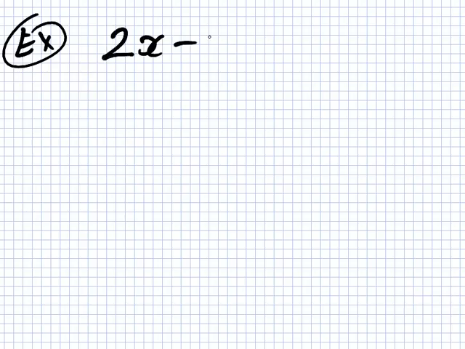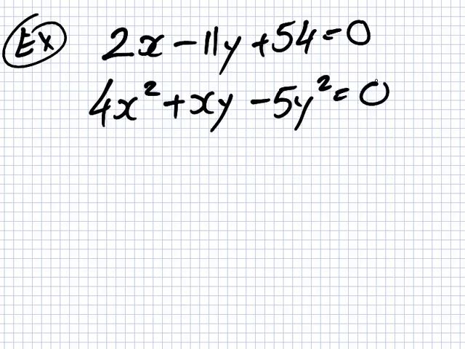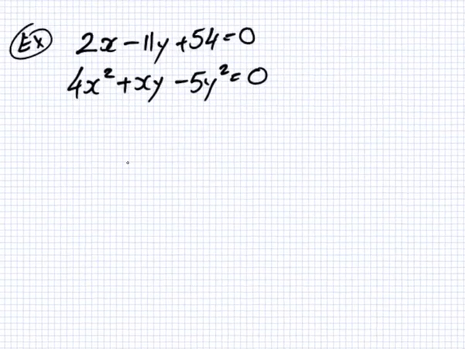We have, for example, 2x minus 11y plus 54 equals 0, and then 4x squared plus xy minus 5y squared equals 0, like this. Now things are a little bit more complicated, because at least in the last question we could simply say y equals, and that's really it. But we're going to have to do a bit more work here, but it's still the same idea.